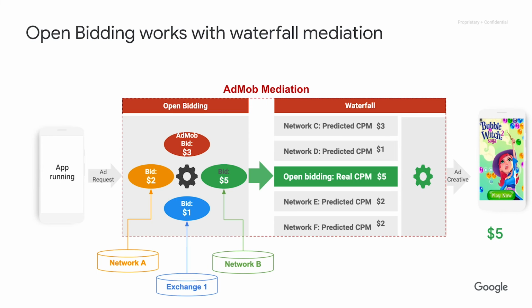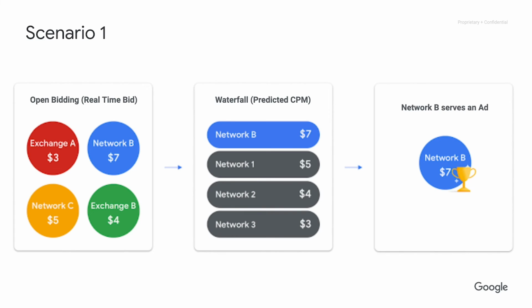So let's go ahead and see one or two examples to help you understand. The first scenario is that you have 4 ad sources. You have 3 ad networks in the waterfall setup. And what happens is, in this case, out of 4 ad sources, network B won with $7.